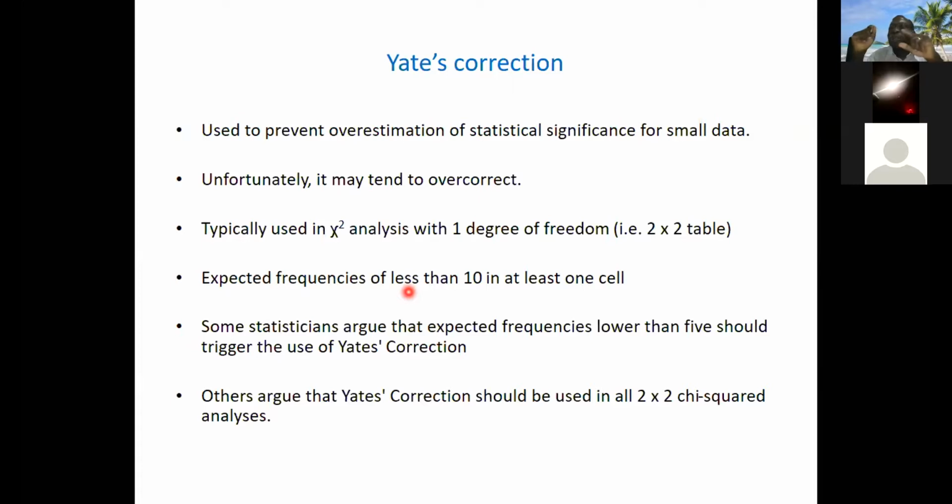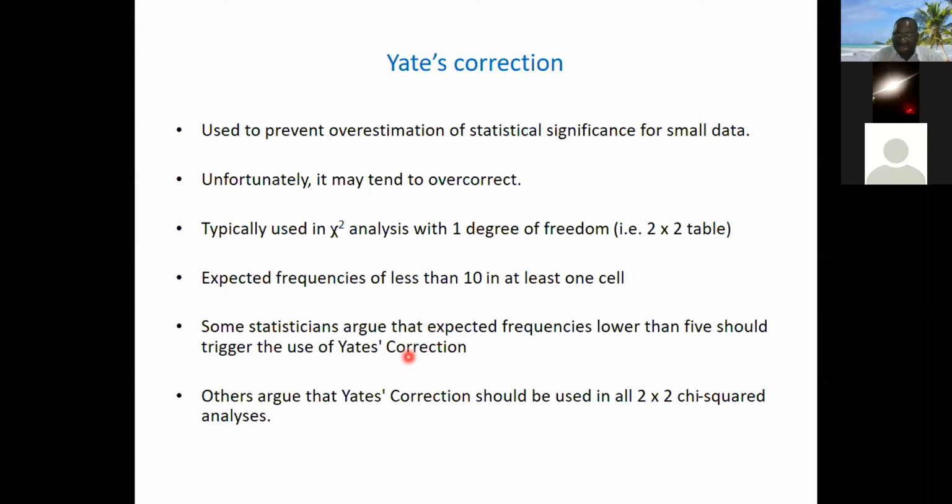So something that wouldn't have been significant may tell you that it's significant, so you now bring in a correction. Because chi-square is a continuous probability distribution being used for categorical data to test association between categorical variables, he believes that the smallest contingency table, which is 2x2, needs some correction.